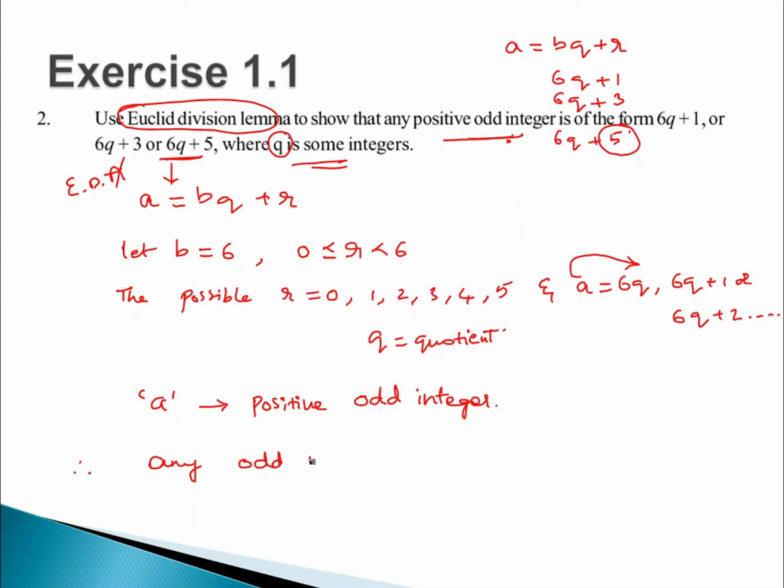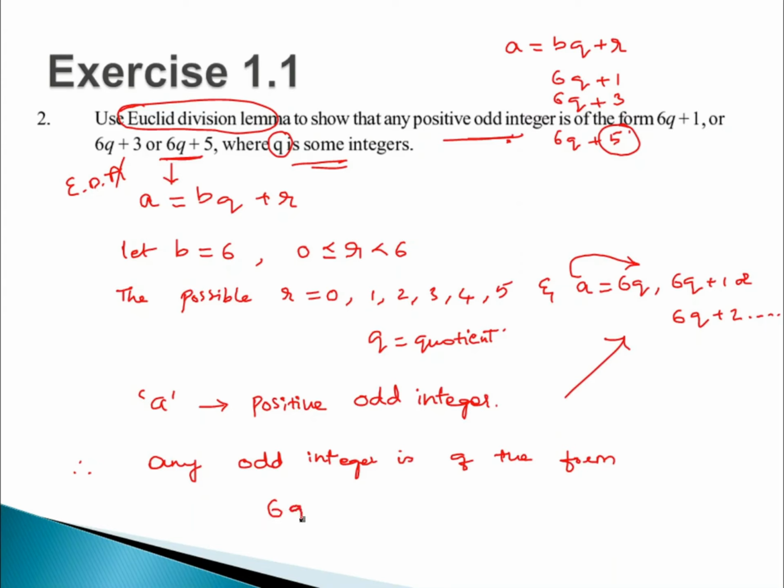any odd integer is of the form, if you are looking at this series here, what would be the options you are getting?